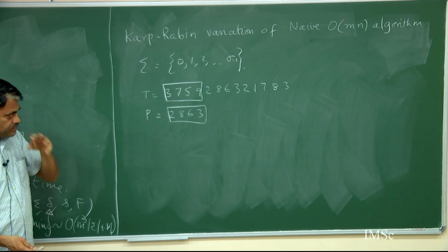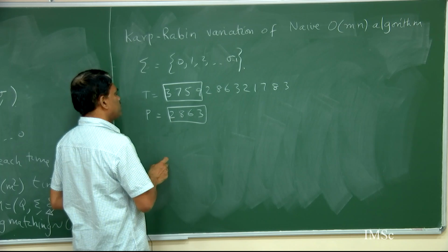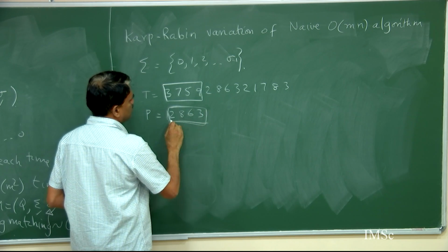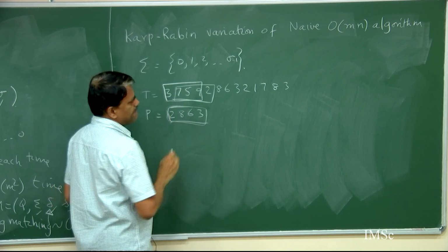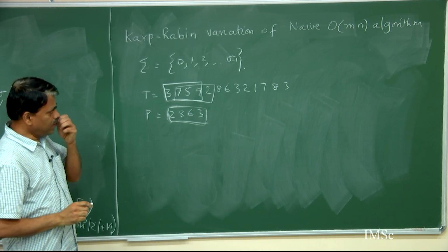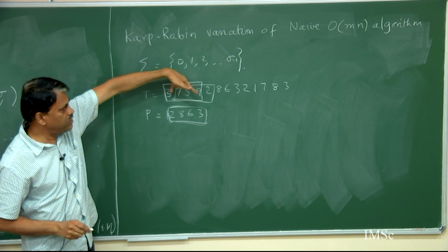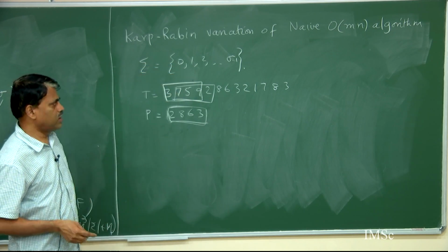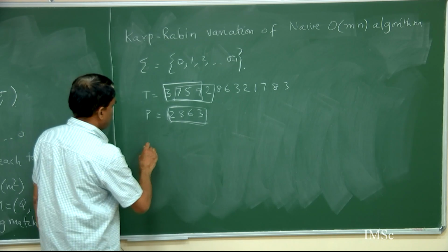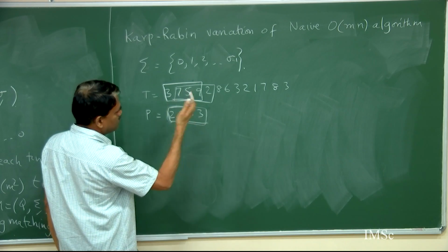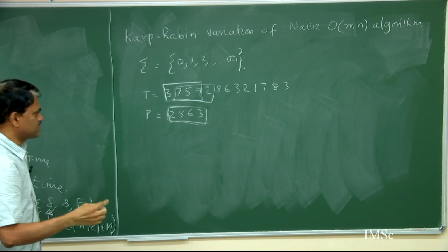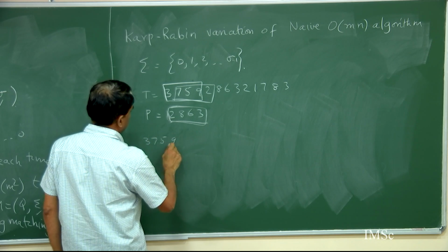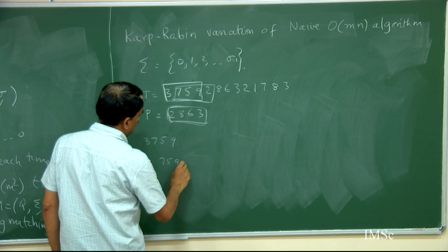If not, the naive algorithm would now compare this with this number, right? Okay. Now, can I compute this number 7592 from this number and the text, right? Yes, of course, right? So, I have in constant time, right? Because you have to think in terms of decimal numbers. So, I have 3759 and I want to compute 7592.